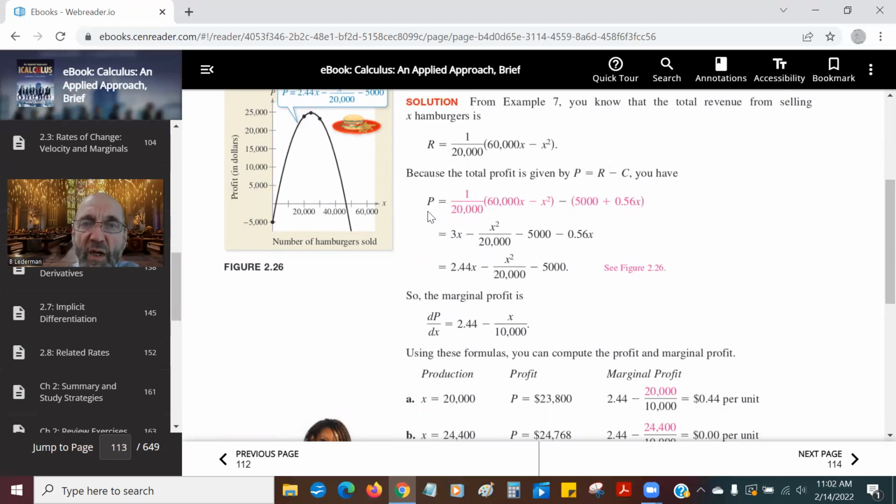Anyway, if I multiply everything out and combine like terms, I get 3x minus x squared over 20,000, minus 5,000 minus 0.56x. So that's the function for profit. The marginal profit is just the derivative, which is 2.44 minus x over 10,000.